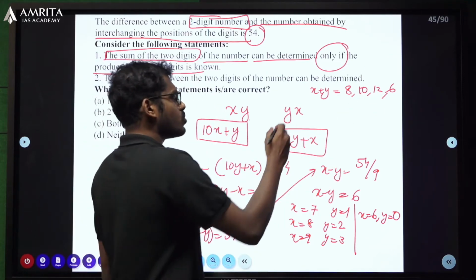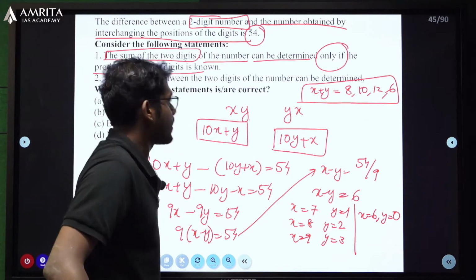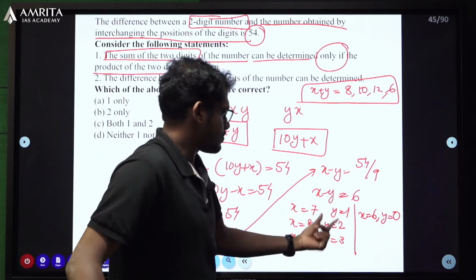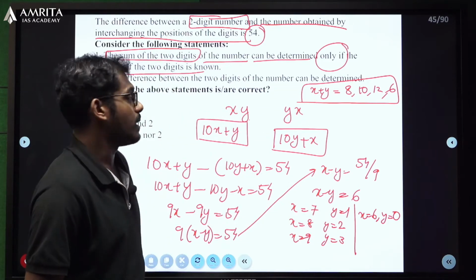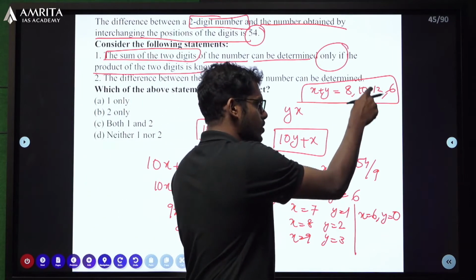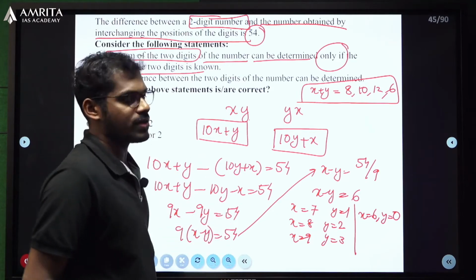So we have to choose the value for x plus y. It says that the sum of the two digits of the number, whether it is 8, 10, 12 or 6, can be determined only if the product of the two digits is known.